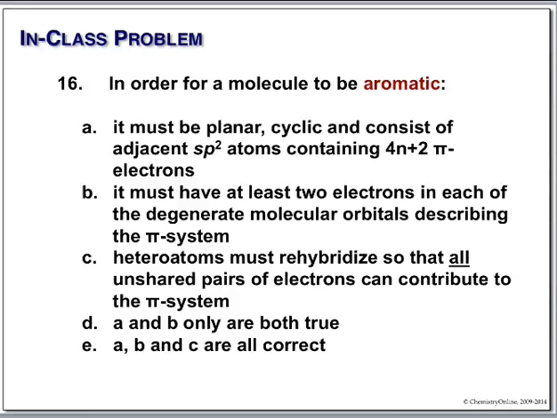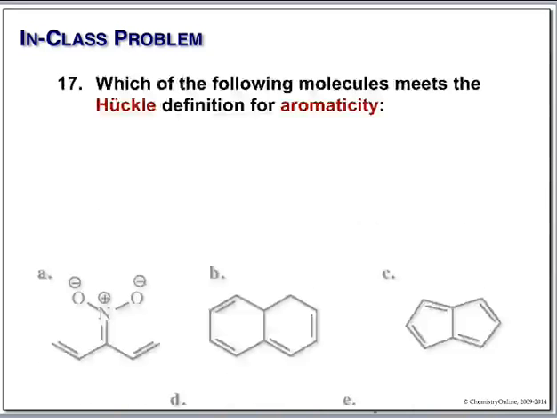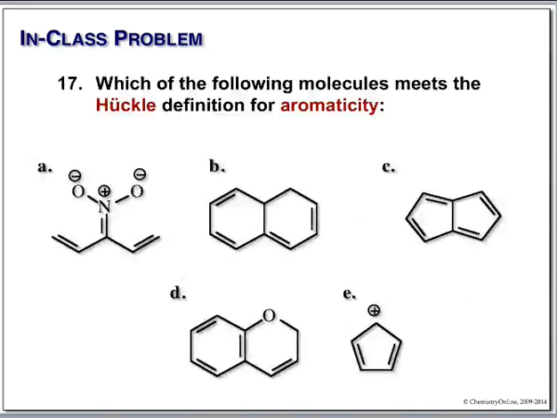They can do either, sometimes both, but all of them don't have to do it. This is the classic definition. All right, now that we know the classic definition, which of these meets it?